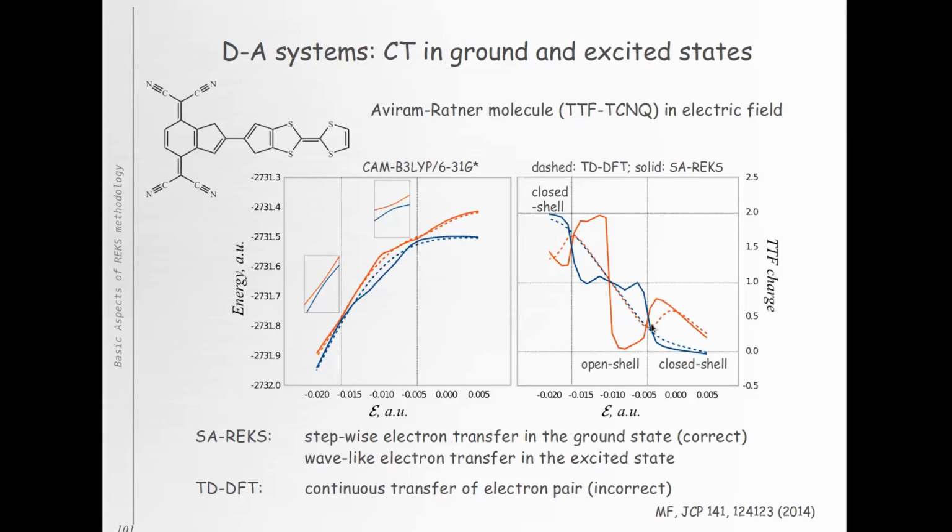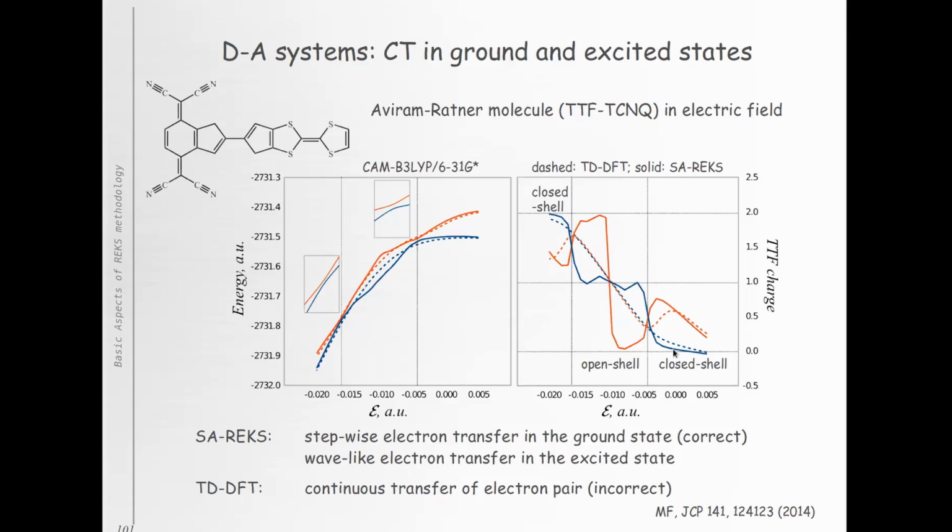It will slowly proliferate through all these pi bonds to the donor acceptor. The whole electron pair is driven from donor to the acceptor, not electrons one by one. This is a deficiency of standard Kohn-Sham methodology, which does not allow correctly describing a multi-configurational electronic state.